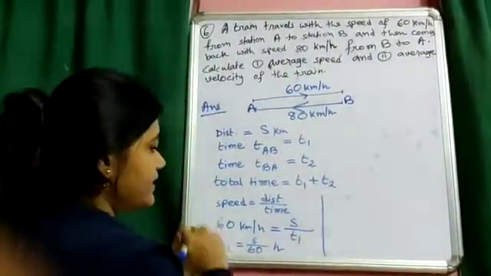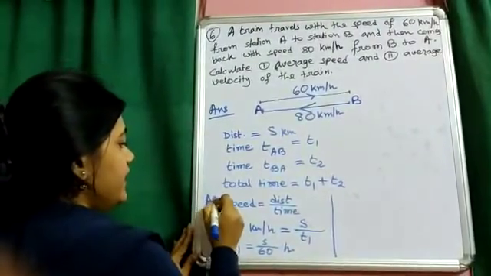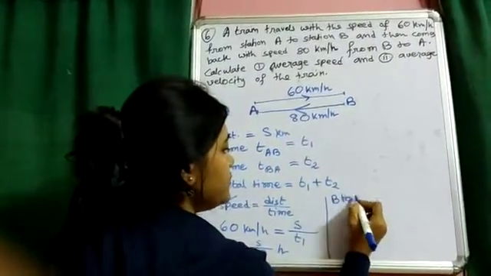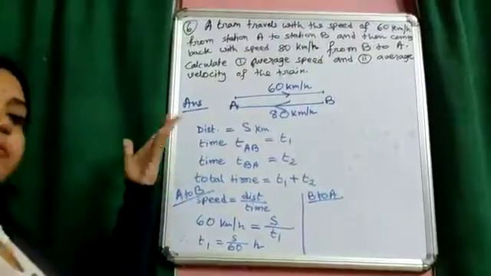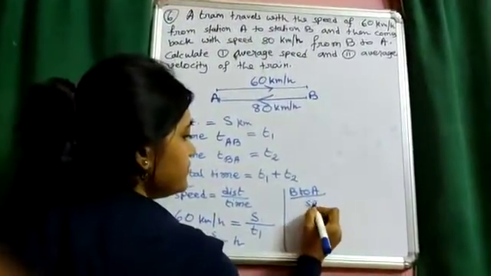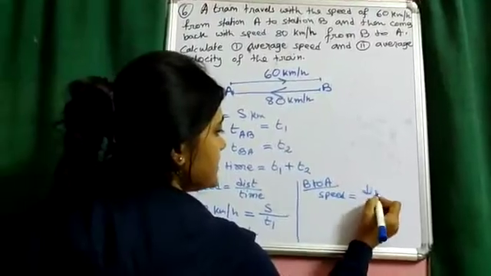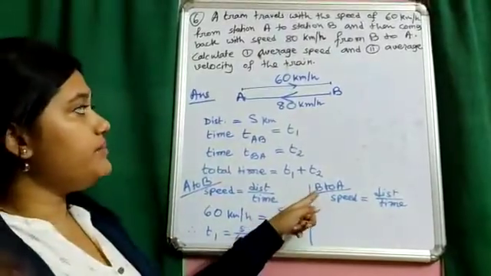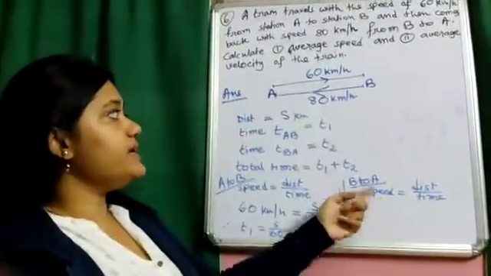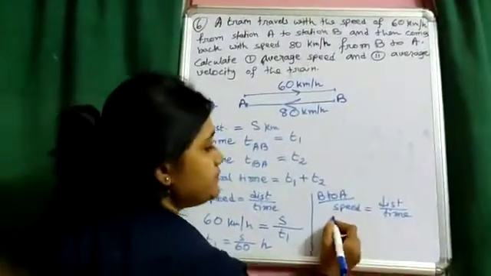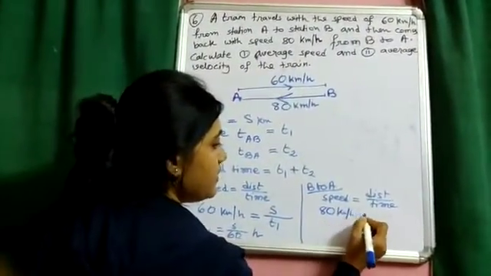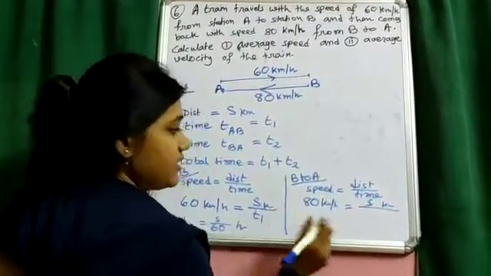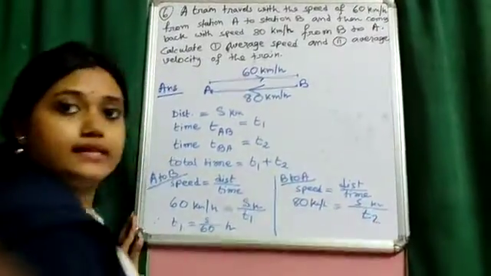Now we are considering B to A. The same thing. Again, speed is equal to distance by time. Speed is 80 km per hour, distance we have considered as S kilometer, and time we have considered as T2.